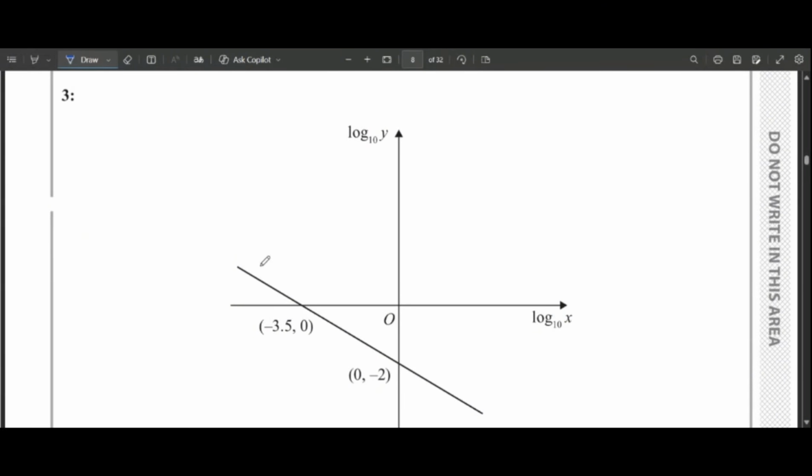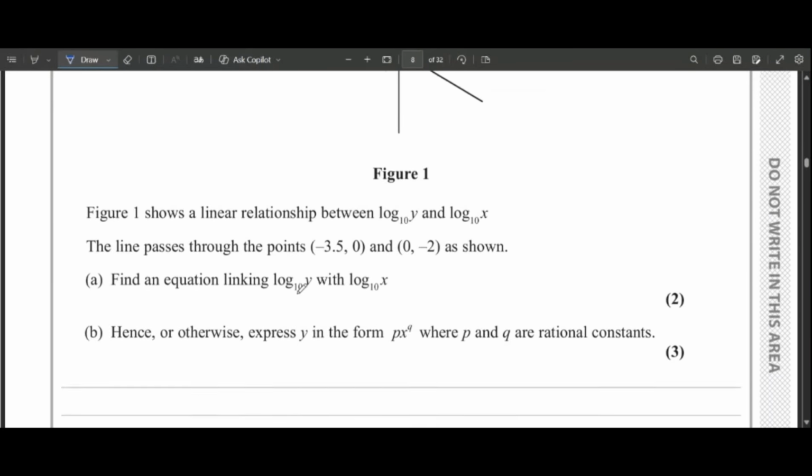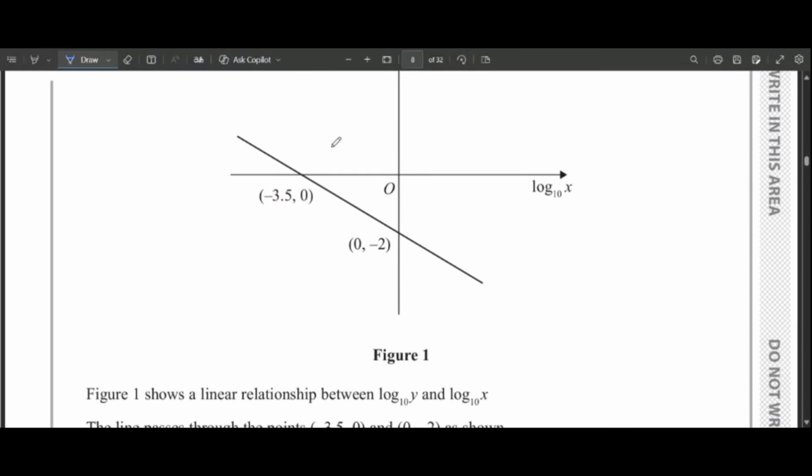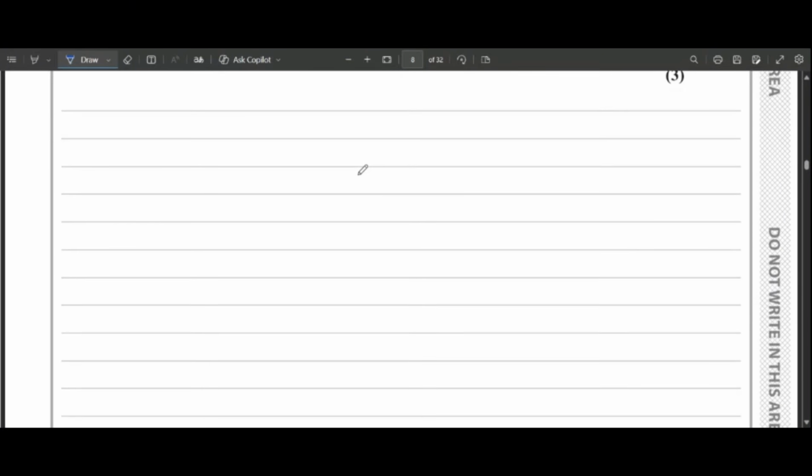That's why if we find the equation for this straight line, it will be a relationship between log10 y and log10 x. So for part A, we can just find the equation of the straight line. To find the equation for this straight line, we have to find the gradient of this line, and we have to use a single known point on this line, and then we can find the equation for this line.